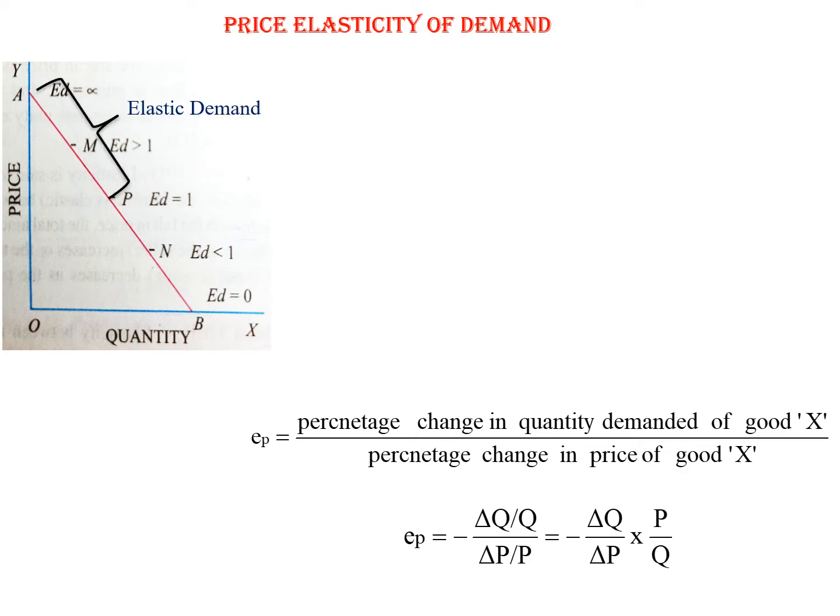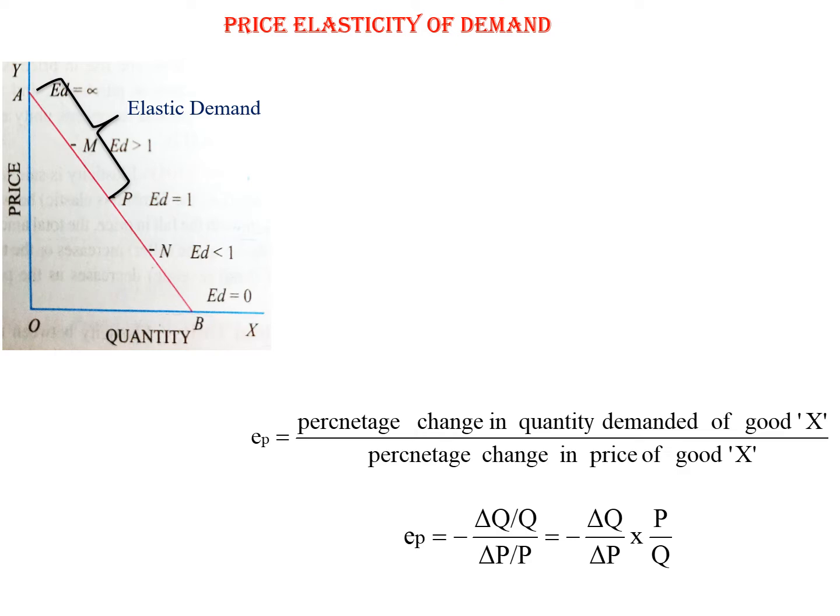At point P, elasticity of demand is 1, which means the lower segment PB divided by PA, as it is the midpoint, both are equal. The lower segment by the upper segment, since they are equal to each other, elasticity of demand is 1.